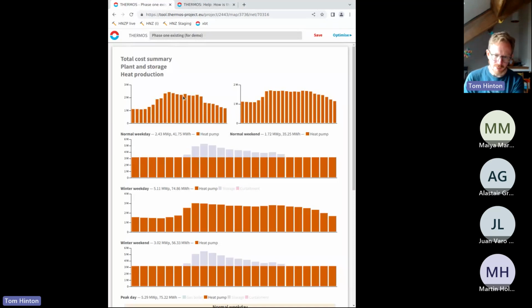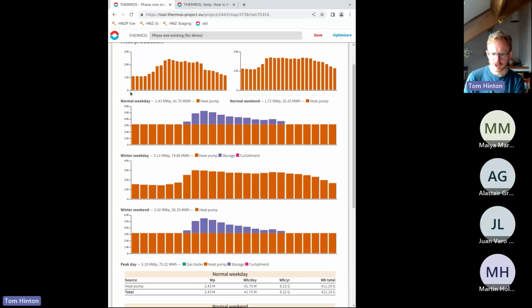And then there's a bit of wiggly stuff, and this is some combination of the commercial and the residential profiles that I chose, scaled to fit the demands of the buildings in question. So on these typical weekday and typical weekend, pretty much all the heat is coming from the heat pump, and the peak is, what, 2 and a bit megawatts.